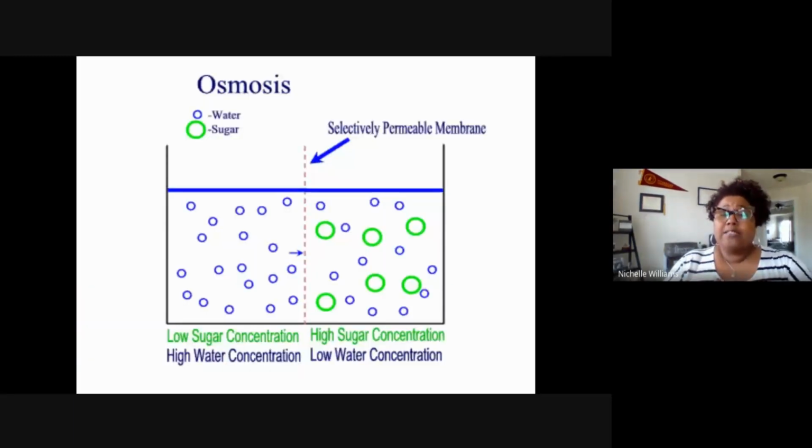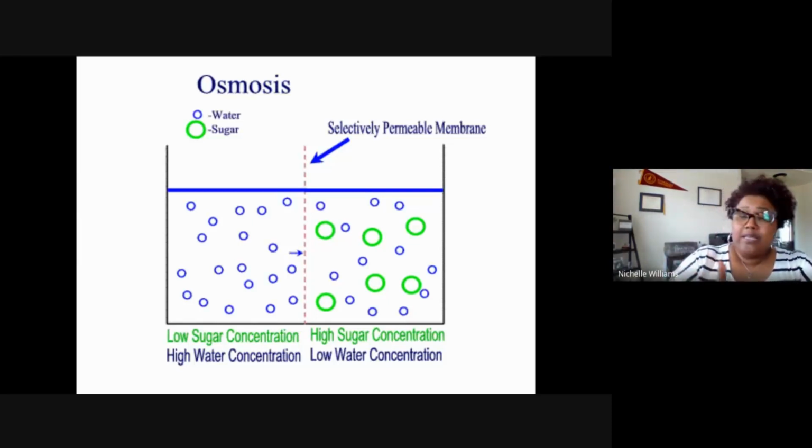All right. So with osmosis, in the previous picture with diffusion, we saw the red dots moving. The water was staying where it was. Well, here, water is represented in blue, of course, and then green represents sugar. So on this image, you see the selectively permeable membrane, the dashed pink line, and that represents the cell membrane, of course.